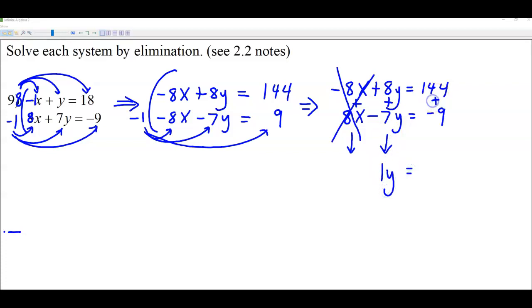And then 144 plus a -9 is 135? That doesn't sound right. So I'm going to rethink that a little bit. Something's going on there. That's too big. And I just realized what it is: when I multiply by a -1 here, this -7 should have been a +7.